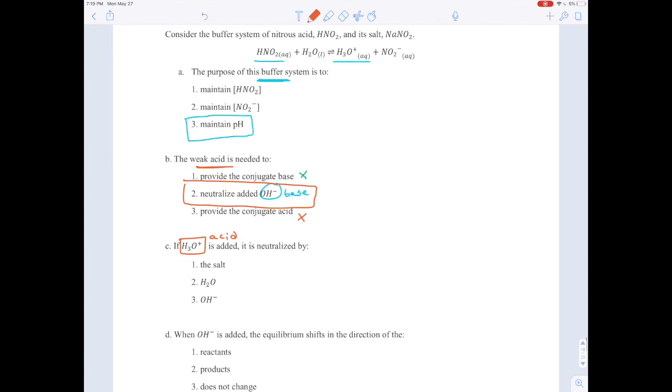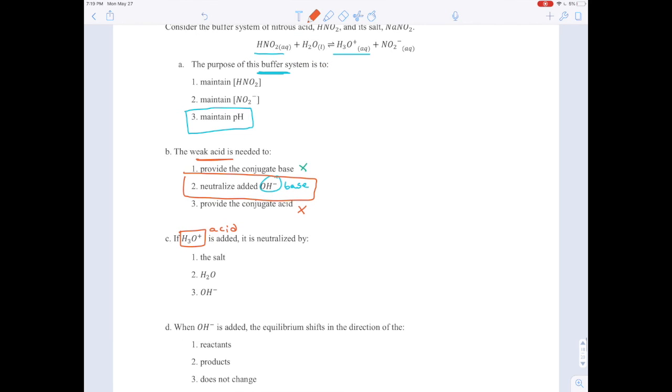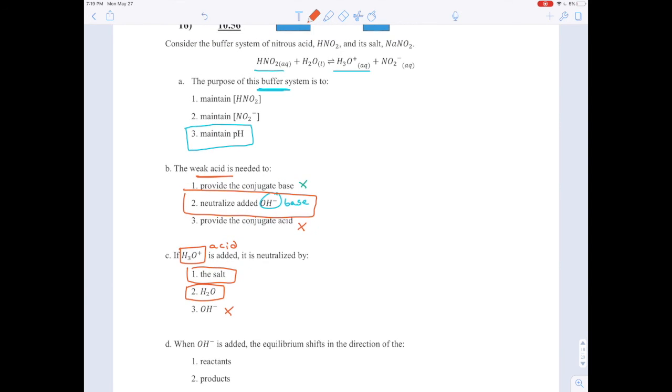3, it says OH-. There is no OH- here, and so there's no way for OH- to be able to neutralize anything, even though if it were there, it would neutralize H3O+. But it's not present, so it can't neutralize anything here. So either 1 or 2 would be acceptable for me.